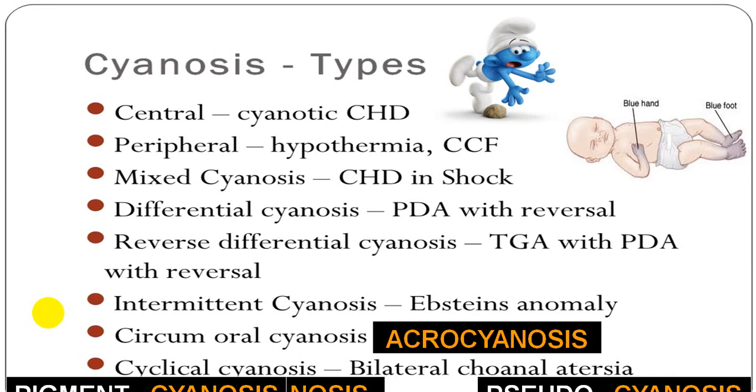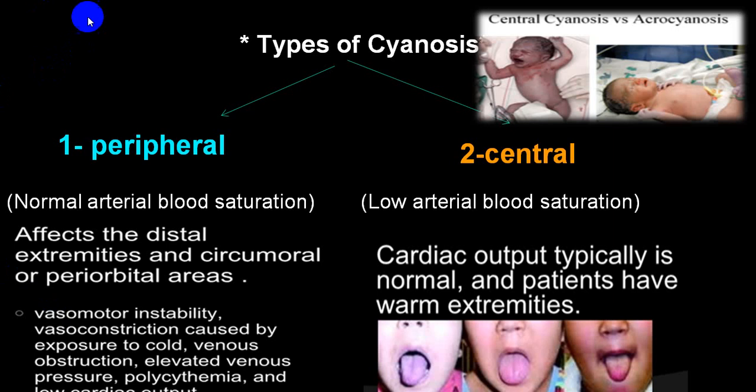And there is one more term called pseudocyanosis. In peripheral cyanosis, there is normal arterial blood saturation, meaning there is no deoxyhemoglobin circulating on the arterial side, or what we call the systemic circulation. But because of diminished blood flow in the periphery, or the distal part of the extremities, or in the circumoral area or periorbital area, you will develop cyanosis because of excessive utilization of oxygen.